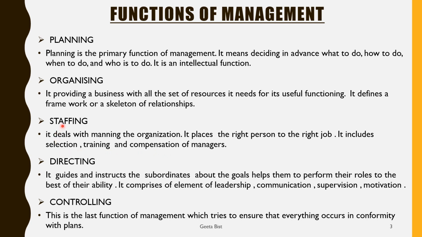That's the task done by staffing function. When all these three functions are done, then we come to directing, where we learn that directing is inclusive of four different elements. Children, this is where a manager guides and instructs his subordinates about the goals and helps them to perform their roles to the best of their ability.